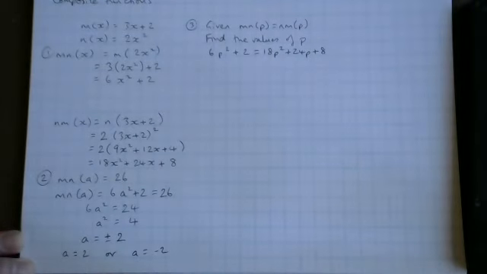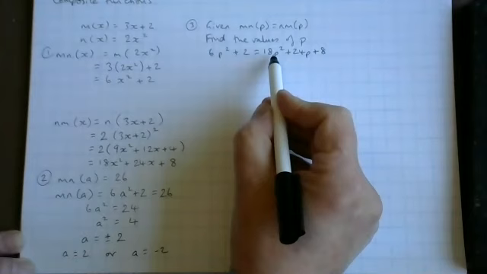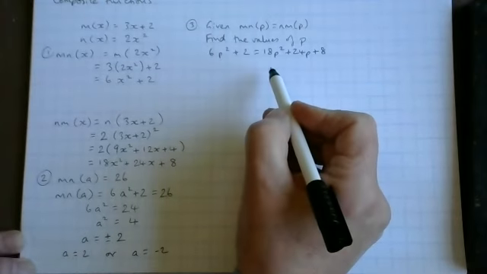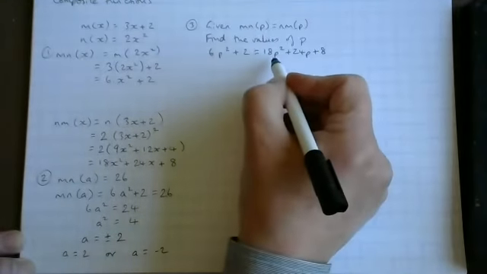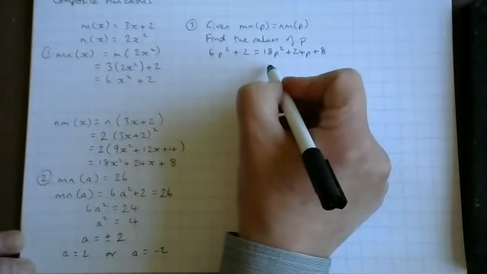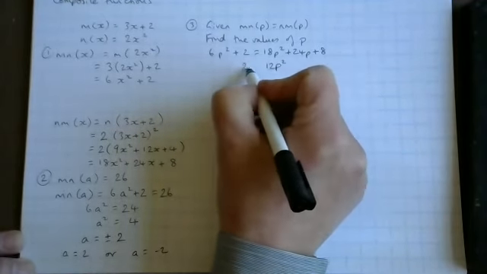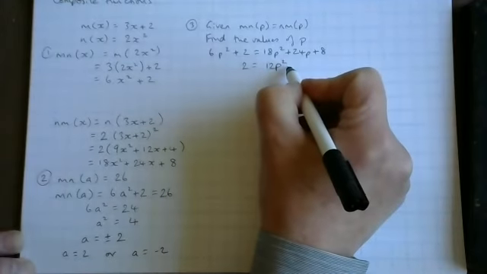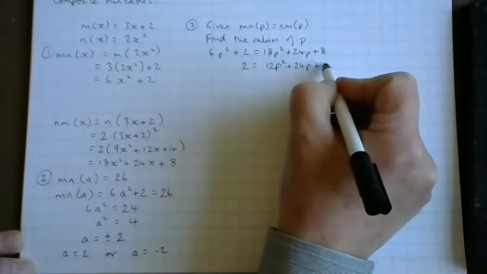Right, we need to rearrange that and find the p-value. Let's take all the p's over there because this is a larger number of p squared terms on this side. Let's take everything over there. 18p squared minus 6p squared is 12p squared. So 2 equals 12p squared plus 24p plus 8.